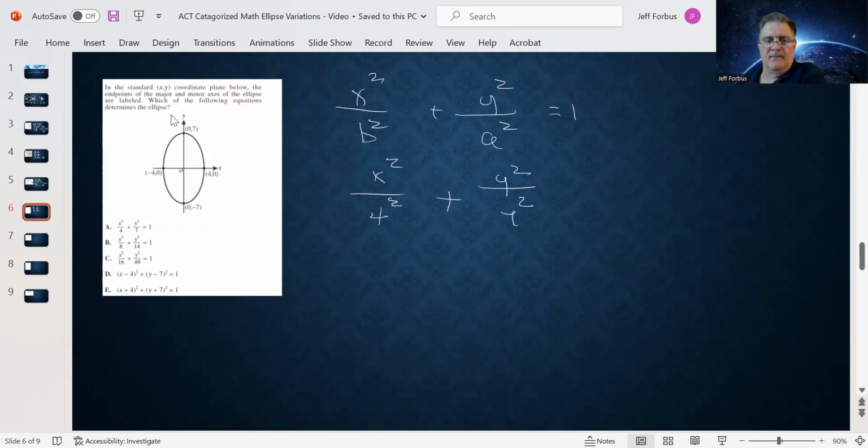Now, let's clean this up. It's going to be x squared over 16 plus y squared over 49 is equal to 1. That's going to give us answer choice C on the figure.